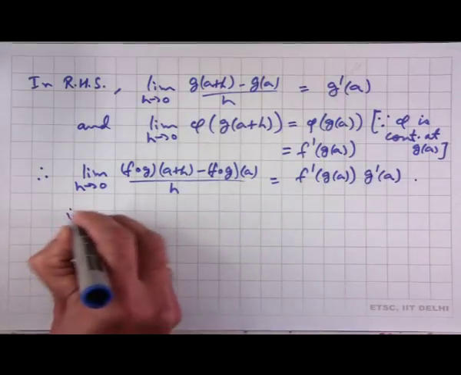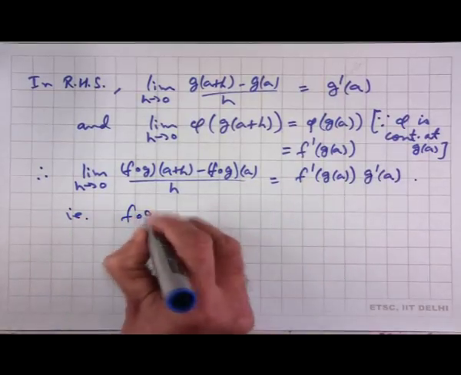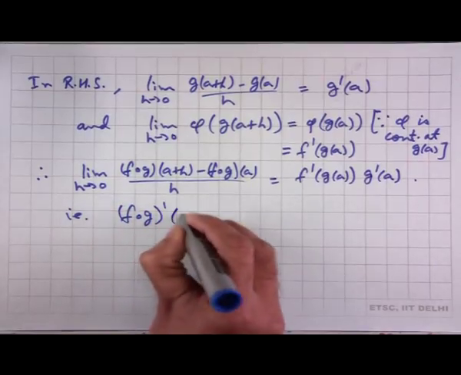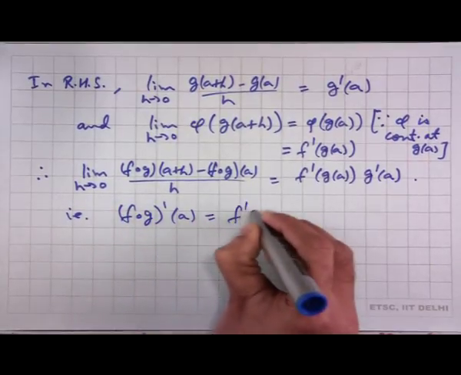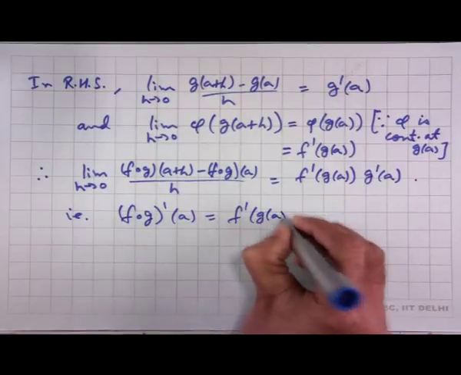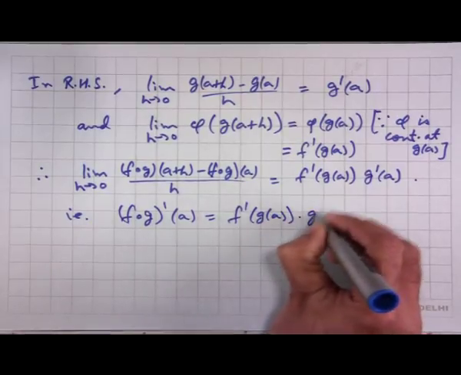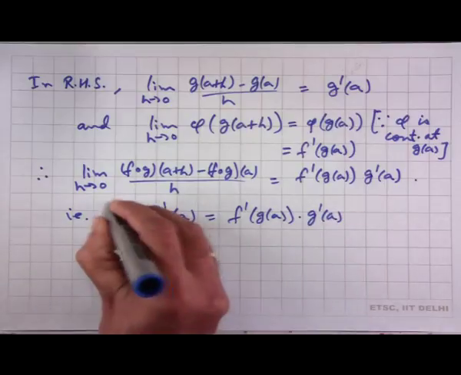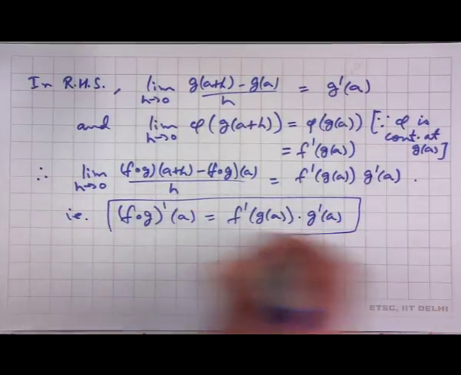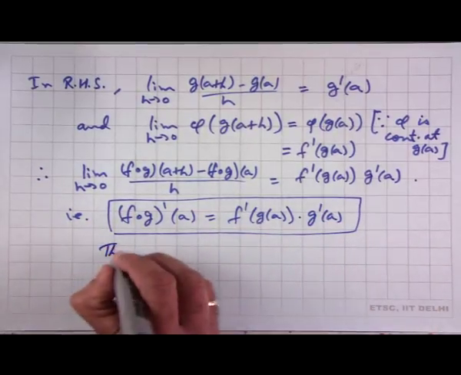That is, f compose g prime of a is equal to f prime of g of a times g prime of a. So, this proves the chain rule.